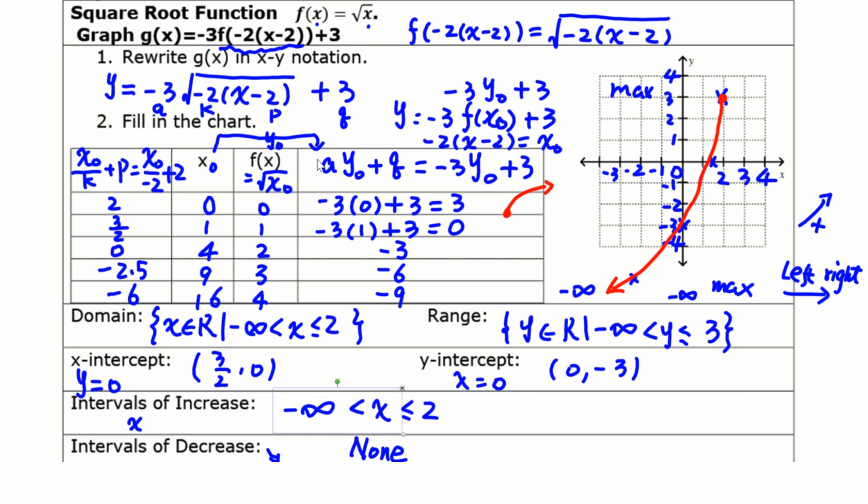So how to use the table values is we create the parent function, x0, y0. We create the parent function x0, y0, and after that, we let negative 2 x minus 2 equal 0 to solve for the x. Then you will have a formula for the new x value.